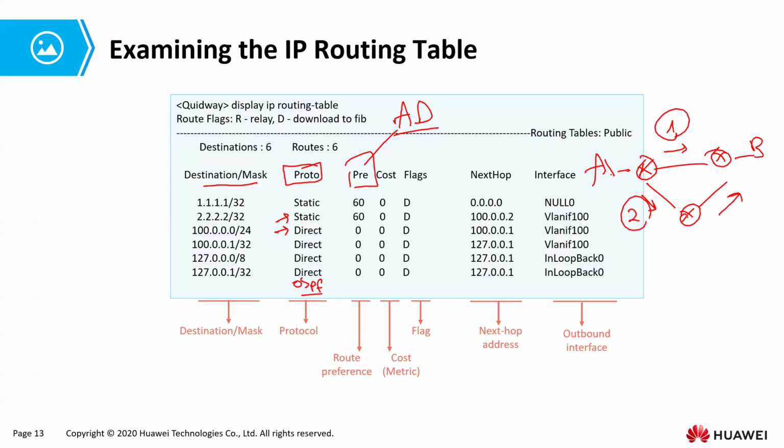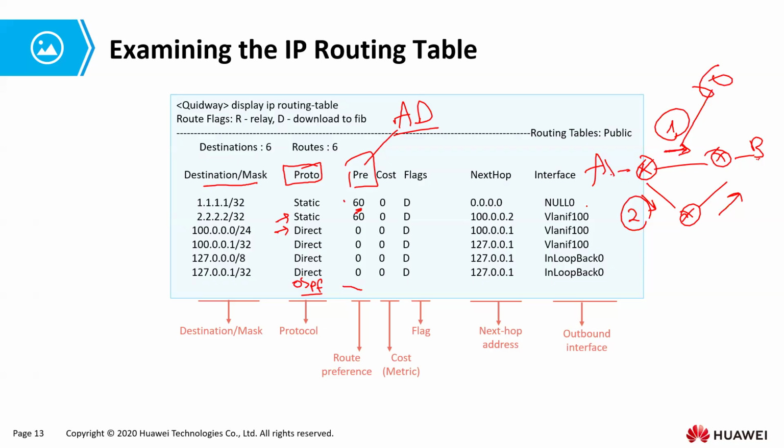Which one is most trusted? Depending on the preference, the lower the number, the more trustworthy the route. So if I put, in this example, static with 60, a static route going this way means it has a preference of 60.